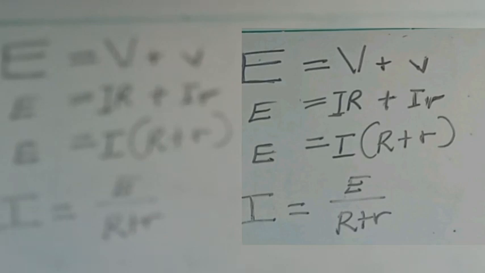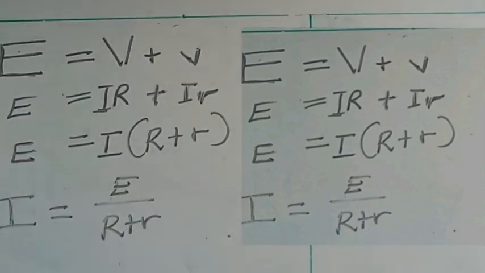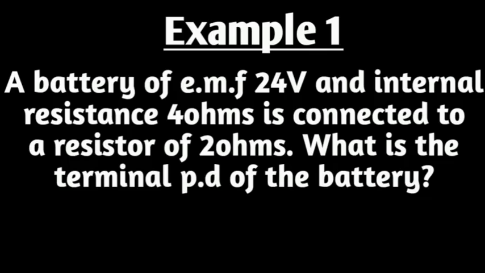They can ask you to calculate the current, the EMF of a cell, the terminal potential difference, the lost volts, the internal resistance, or the resistance of the external resistor. Let's take this example. A battery of EMF 24 volts and internal resistance 4 ohms is connected to a resistor of 2 ohms. What is the terminal PD of the battery?